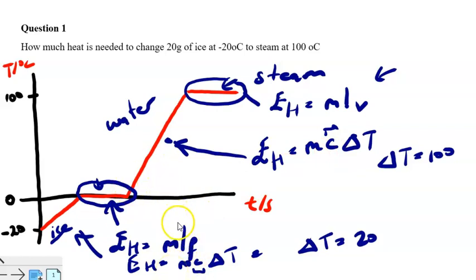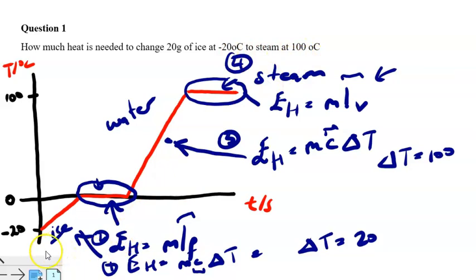Just like L_F is the specific latent heat of fusion, and L_V is the latent heat of vaporization. So it's going to be one equation, 1, 2, 3, 4. We need to account for 4 things in order to calculate the total energy needed to raise the temperature of 20 grams of ice from -20 to 100 degrees of steam.